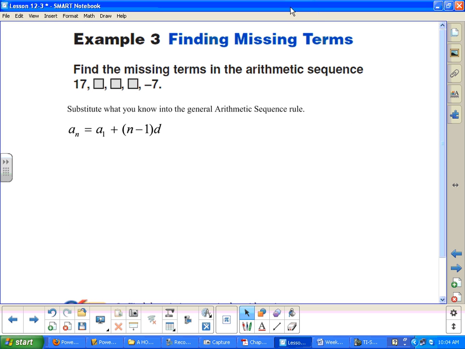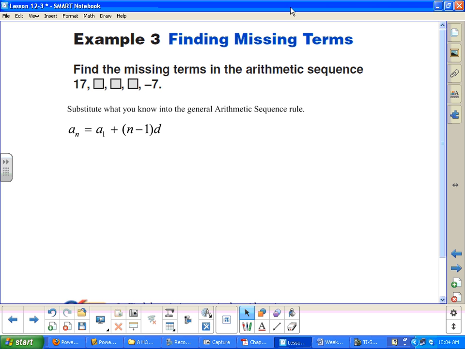If we're missing terms, here we want to find the missing terms in this arithmetic sequence. We could do two things. We can use our general rule to find this, or maybe you could just find it without it even.